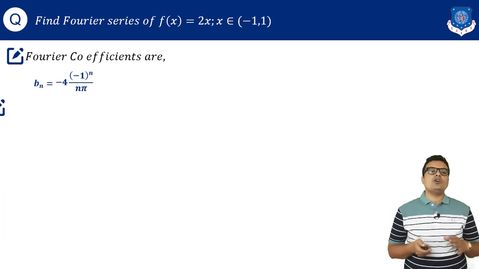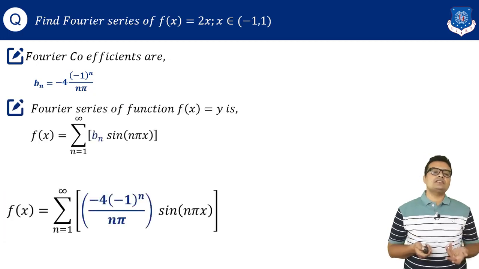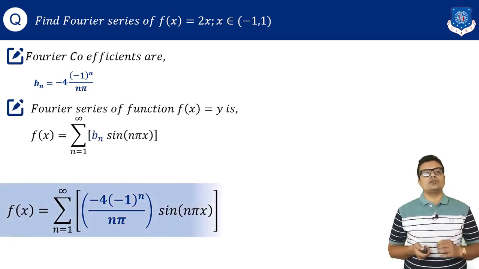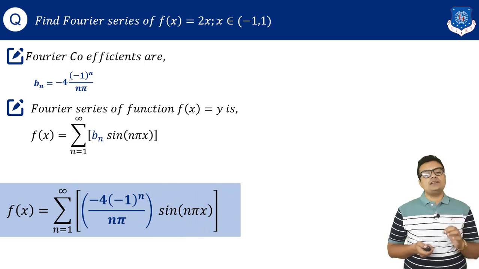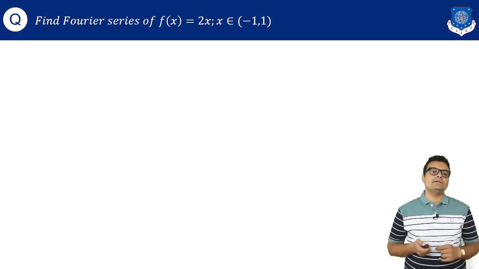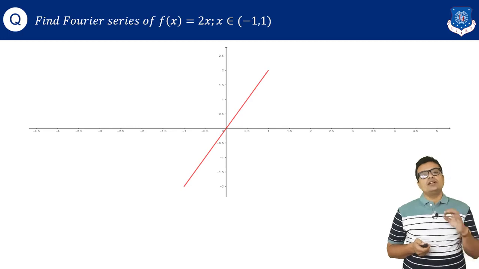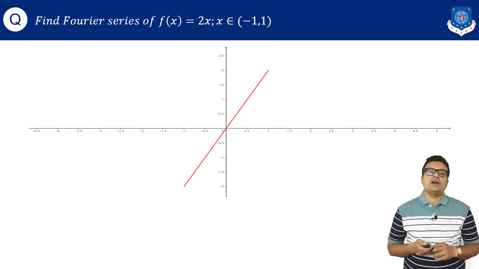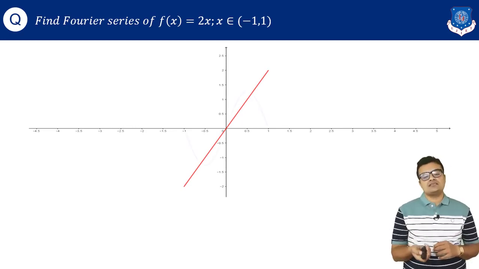So now if I put all these values into my Fourier series, it gives me the answer for 2x as the sum of -4 (-1)^n / (n pi) sin(n pi x). So an odd natured function is represented by sine. Coming to the graph, 2x in -1 to 1 is given by this straight line.